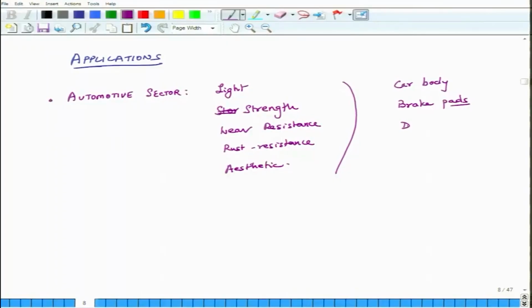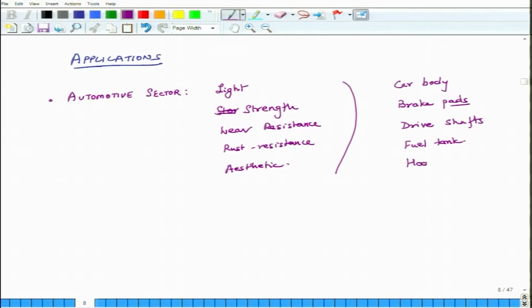We use them in seats, drive shafts. Here the purpose is to make things lighter. Fuel tank, again here the purpose is to make things lighter, and also some composites are highly corrosion resistant. So, that is there.